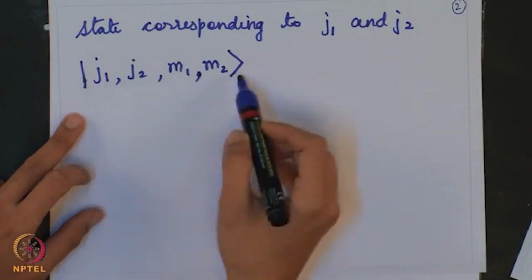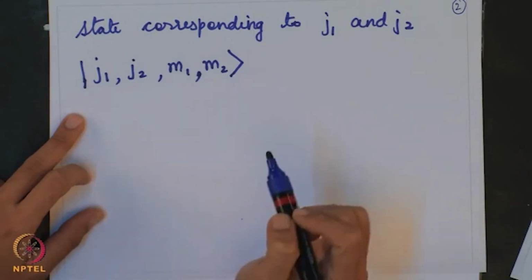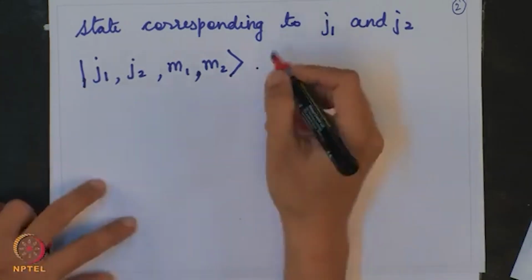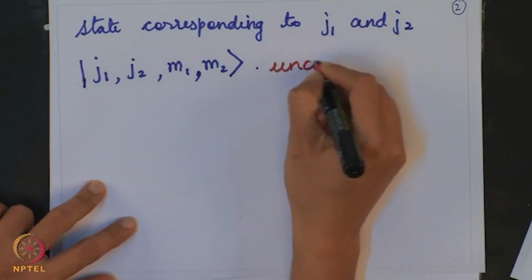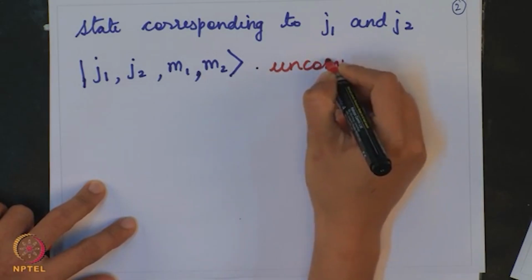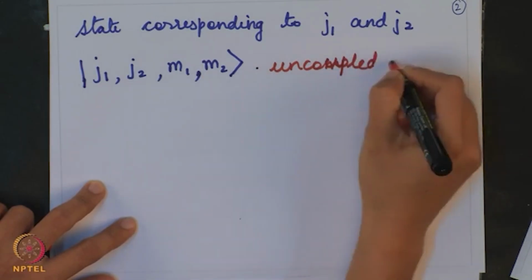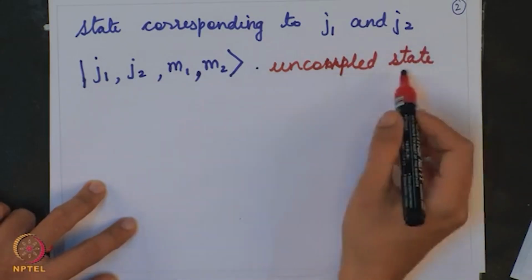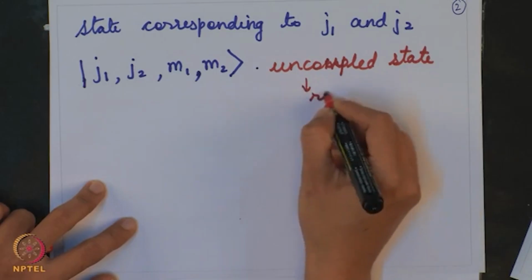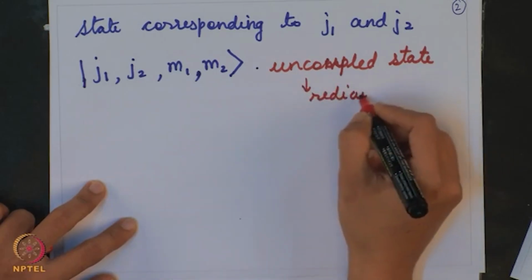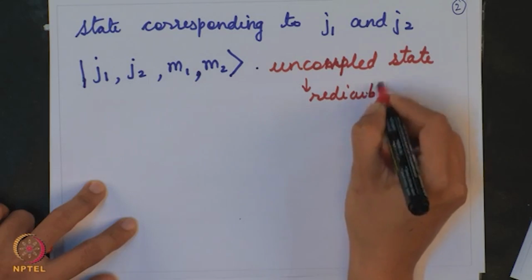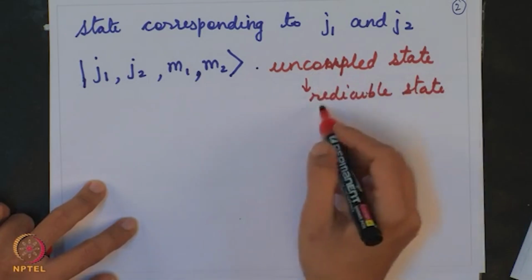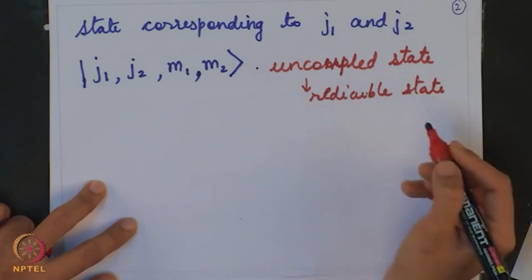So J1, J2, M1, M2 is the uncoupled state, or the uncoupled basis, and the uncoupled basis is a reducible state.